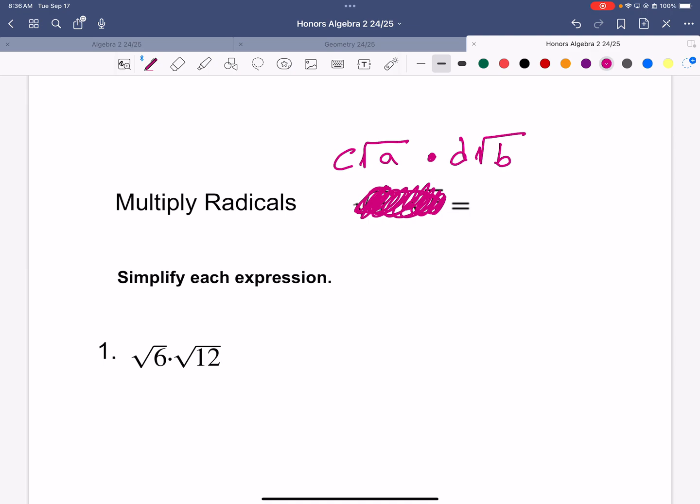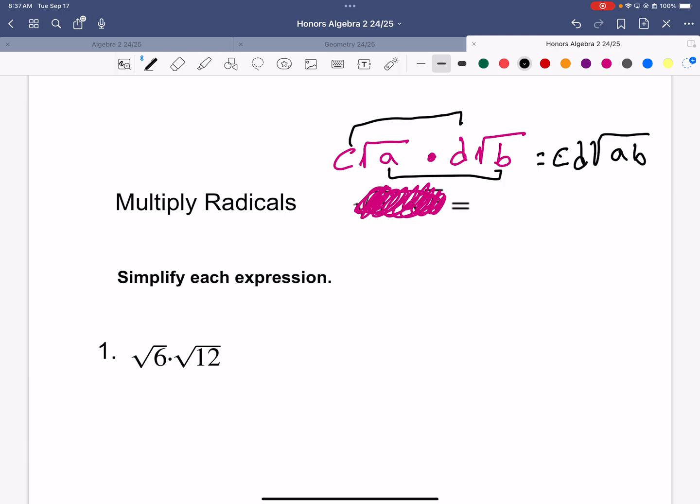So when you multiply radicals, you multiply what's on the outside times what's on the outside. So this is going to equal whatever C times D is times your radical symbol, and then you multiply what's under the radical by what's under the radical.